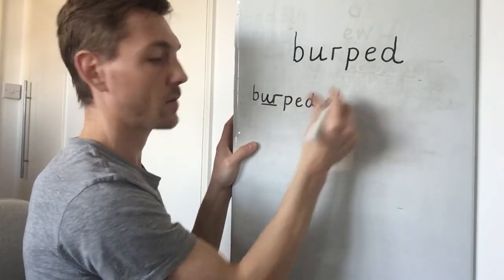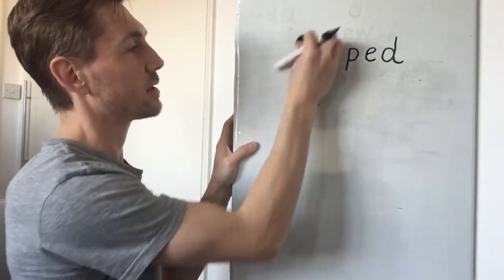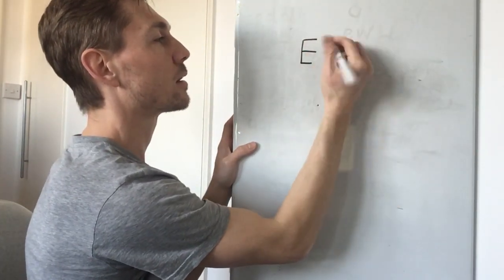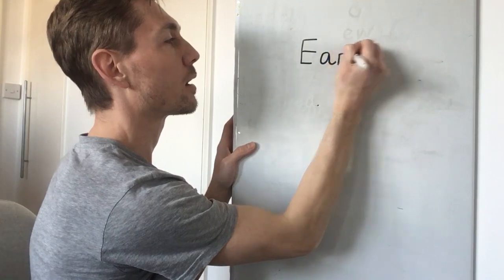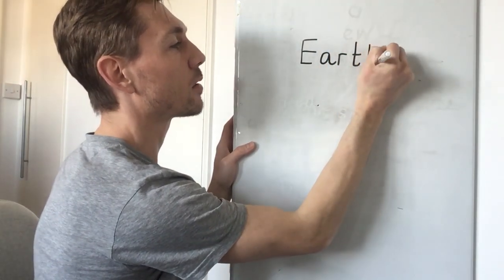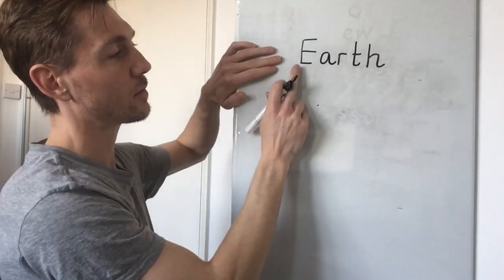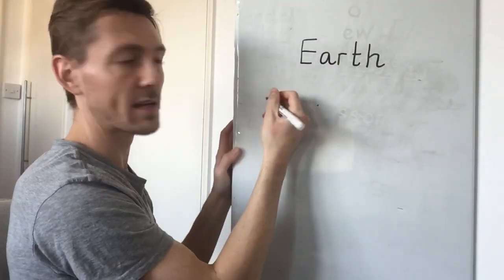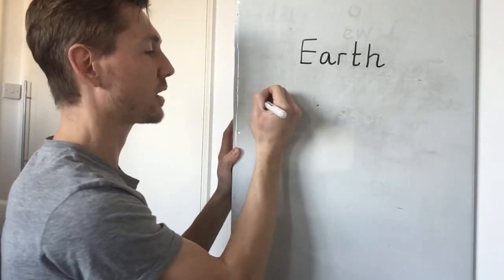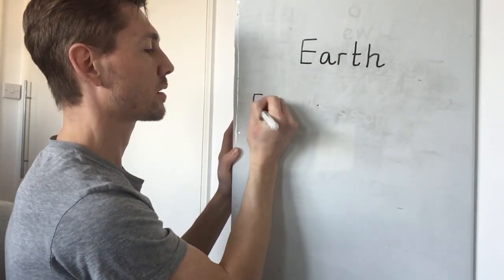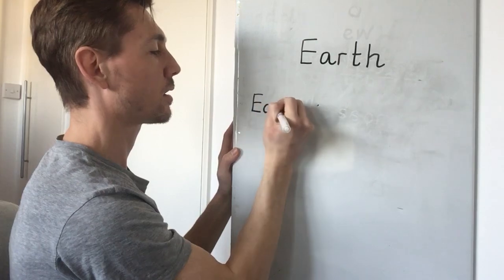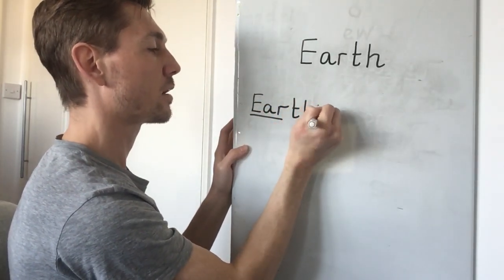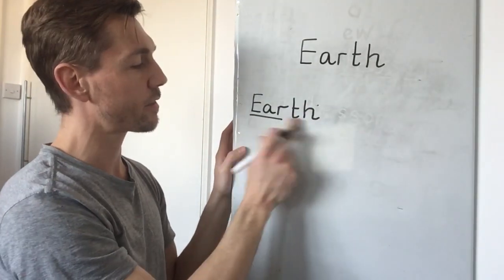Next, we're going to have a different spelling of the same sound again. One, two, three. Good. And we're going to write down the word with its sounds, and we're going to underline the spelling. So we've got earth.